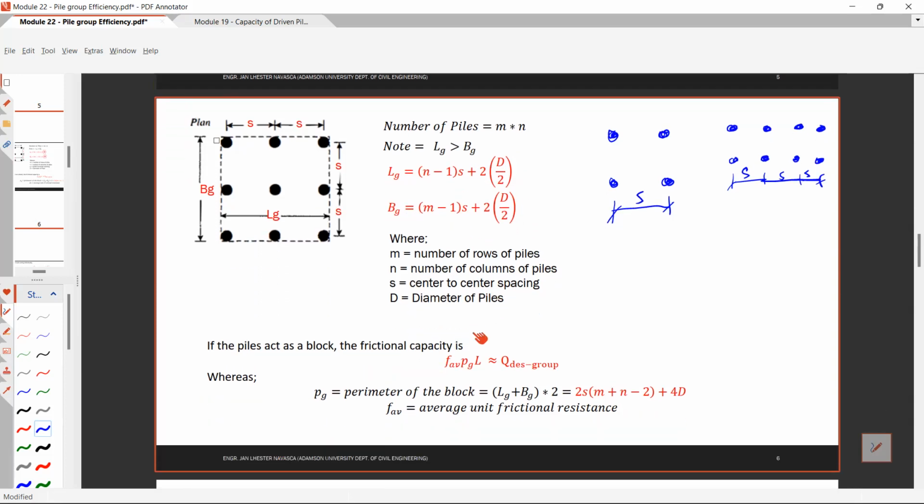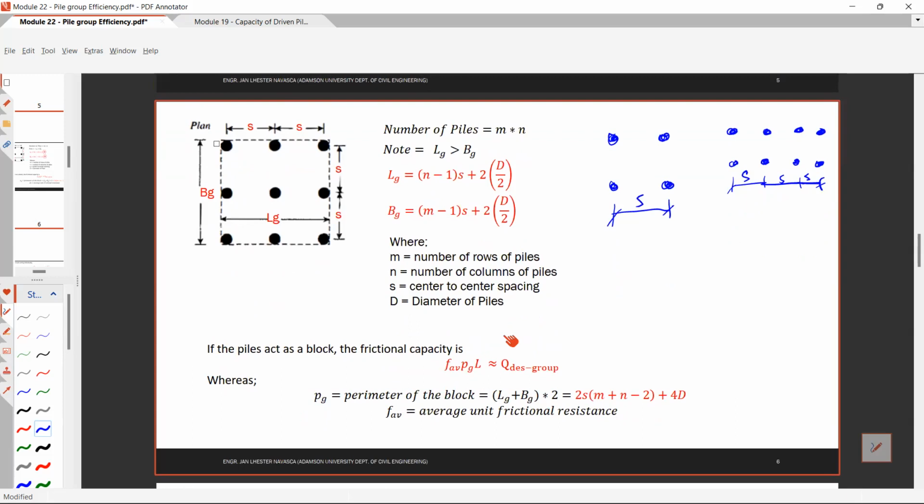Okay, so if the piles act as a block, the frictional capacity, if you recall, that is F sub AV, okay, multiplied by the perimeter of the piles. Okay, so if it is acting as a group, that is perimeter of the block, and multiply it by the length L para maging total surface area yung nag-act, and that is approximately the Q sub group.